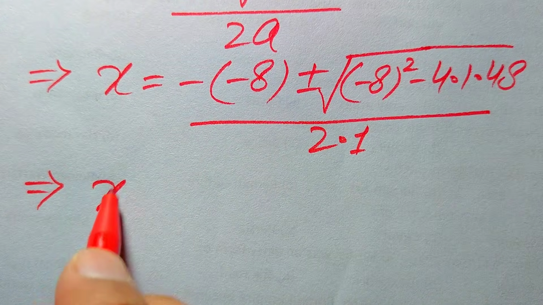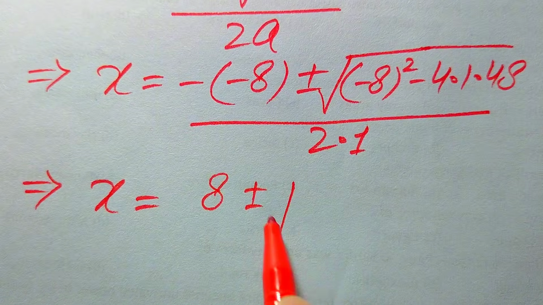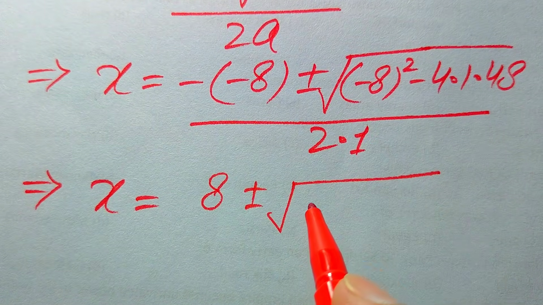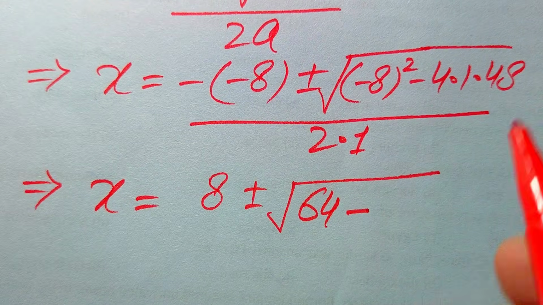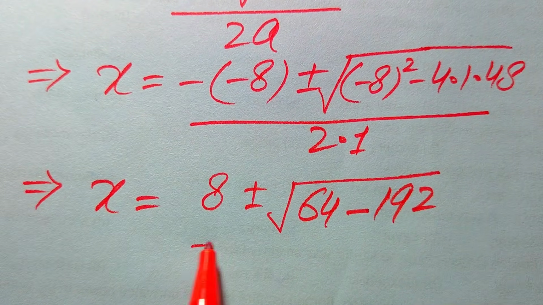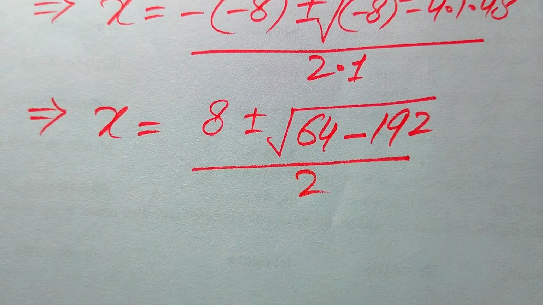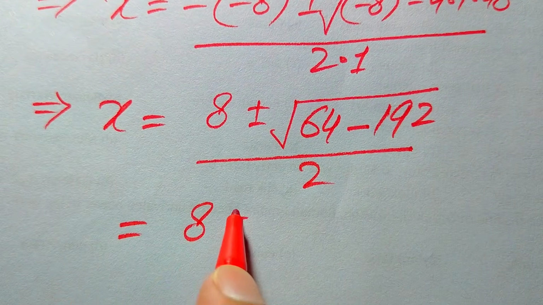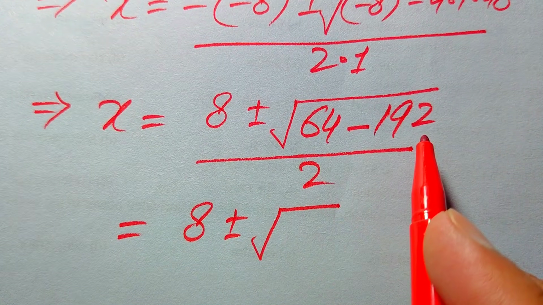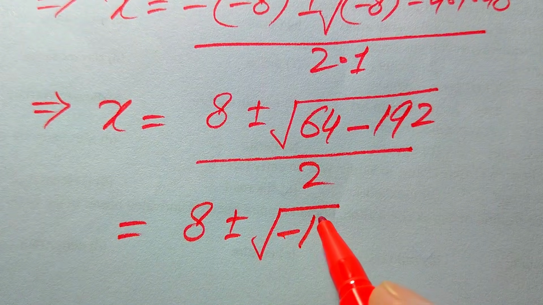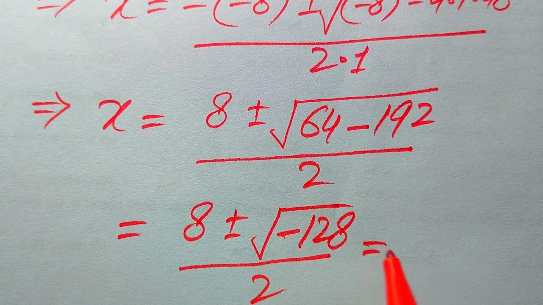And now in the next step we have x equals, minus times minus becomes plus 8, plus minus square root of 8 squared, which becomes 64, minus 4 times 48, which equals 192, divided by 2 times 1, which equals 2. And further we subtract these two values and we get 64 minus 192 equals minus 128, divided by 2.